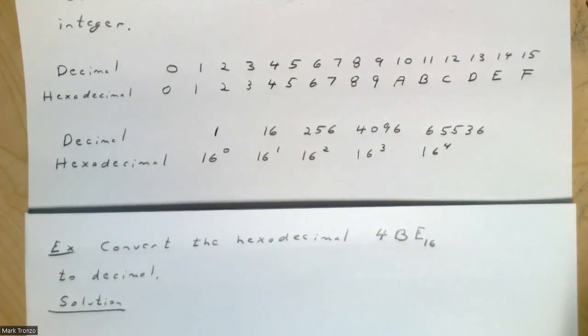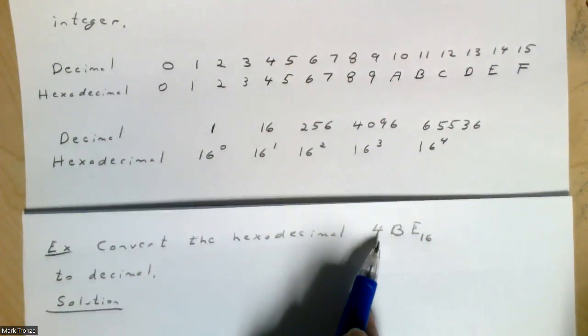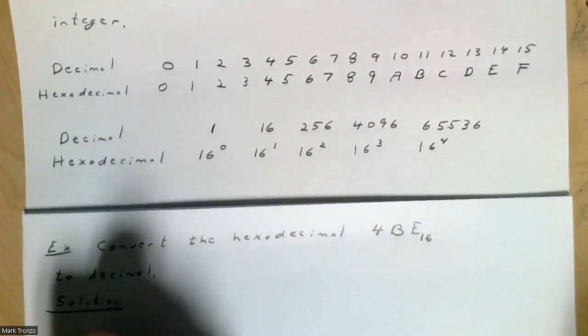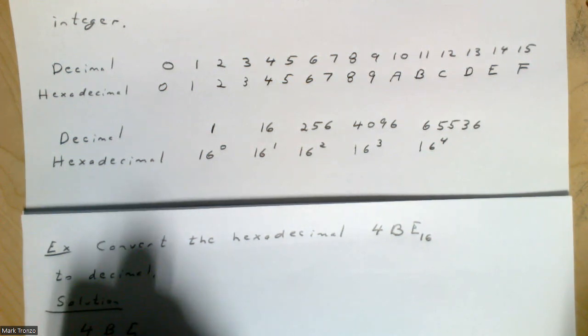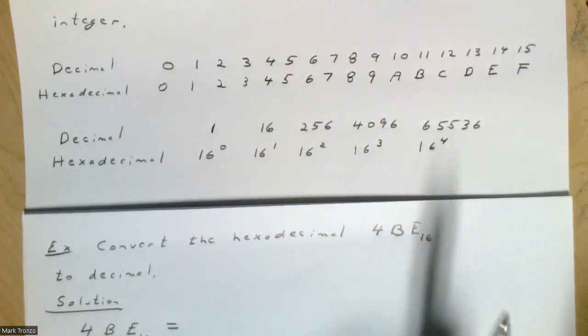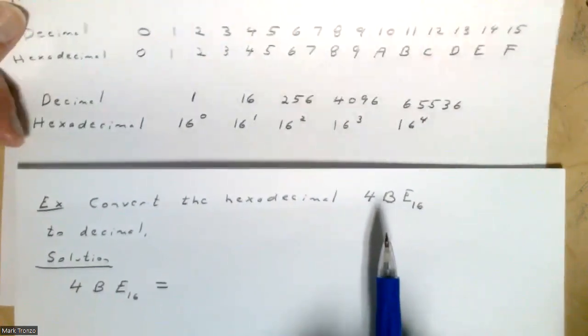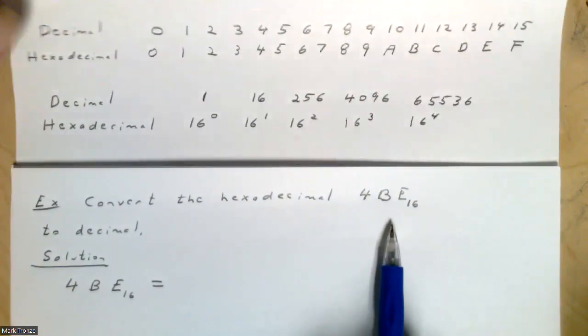So just to make that conversion, let's see what this means. This means 4BE base 16. And again, these are so short, you could probably start from the left or the right, but let me start with the right as we normally did before.